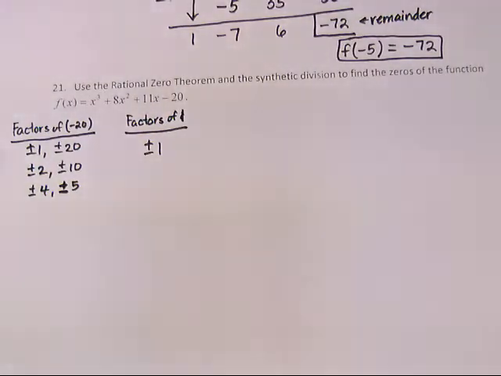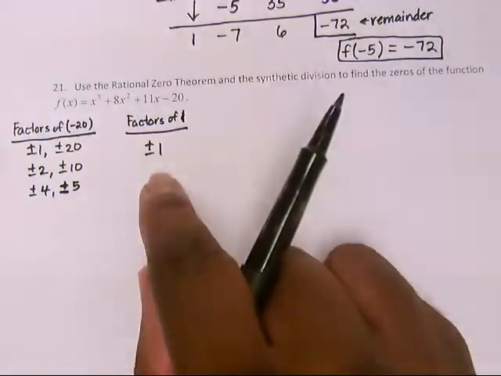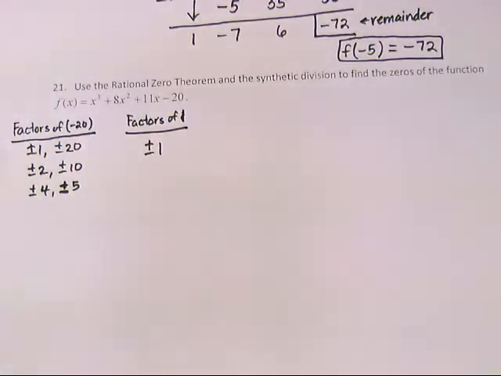So these are all the factors of 20, or of negative 20. Now the only factors of 1 would be plus or minus 1.